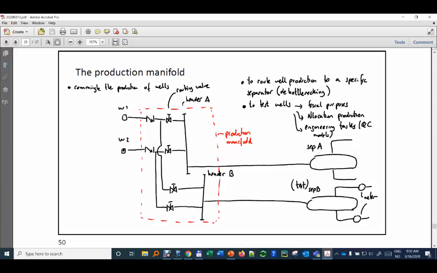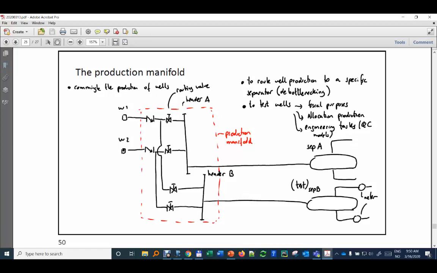And then I reach a header, and that header just produces to one separator. Typically on platforms and also onshore, I have two separators, a production separator and a test separator. So then I simply duplicate this arrangement.